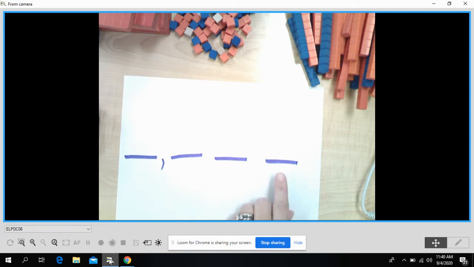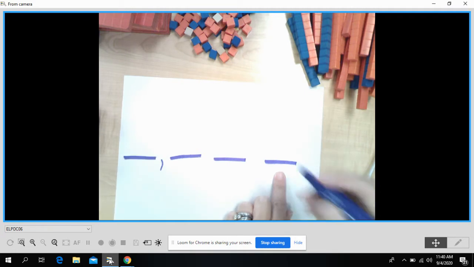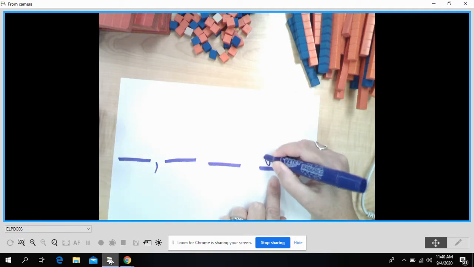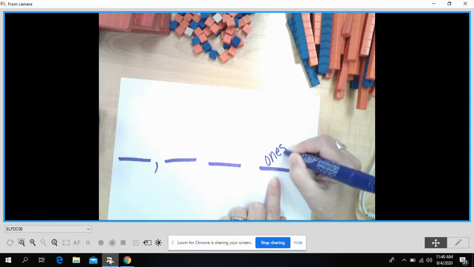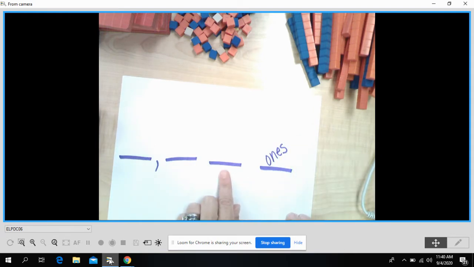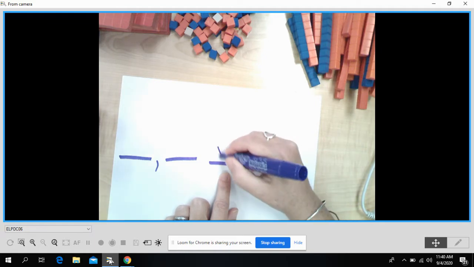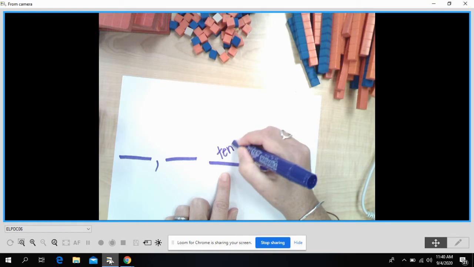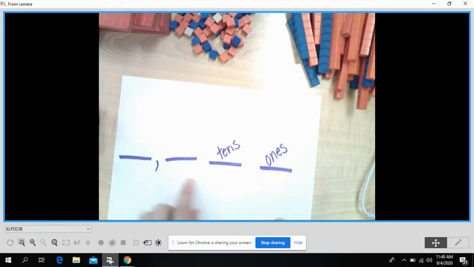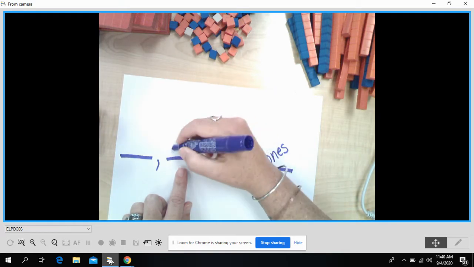So you should hear some clues right there of words I'm getting ready to use to label our place values. This one right here, the smallest one, what do you think it is? You're right, this place value represents the ones. The next place value in the hundreds period, what is it? You got it, it's the tens. The one right here, as we continue to increase our place values, you got it, it's the hundreds.